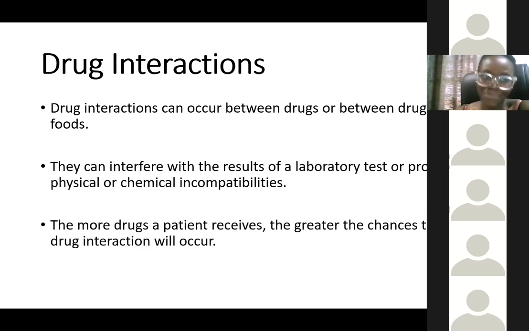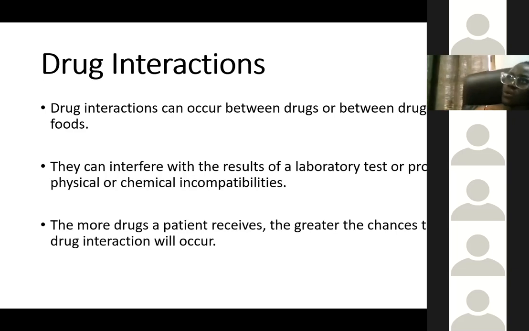So drug interactions can occur between the drug and another drug, or between the drug and food. And they can also interfere with results of lab tests. Let me give an example.